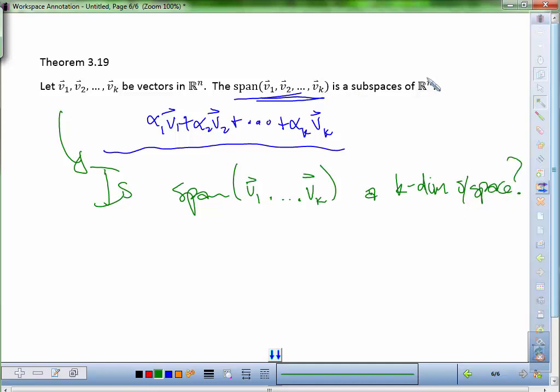So k has to be less than or equal to n, the dimension of the original space. Okay, we're given that. If I take the span of all those vectors, is this going to be a k-dimensional subspace? Not necessarily, and why would it not be?